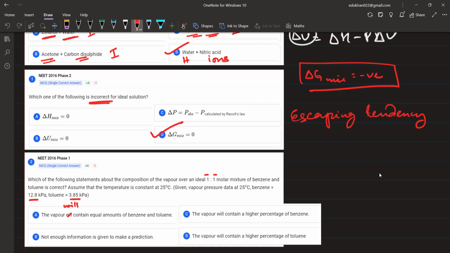Look at the vapor pressure and tell me which has higher escaping tendency. Benzene has higher escaping tendency, right?